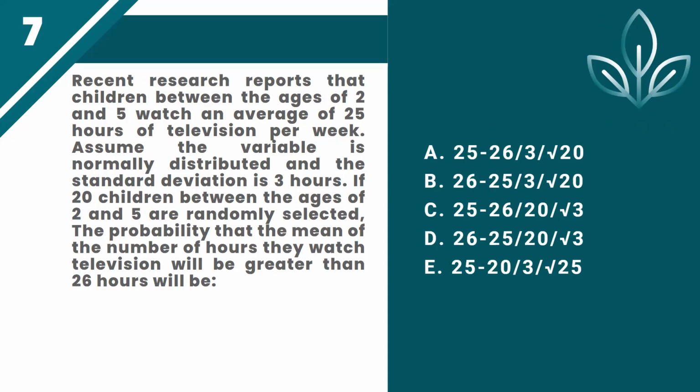If 20 children between the ages of 2 and 5 are randomly selected, the probability that the mean number of hours they watch television will be greater than 26 hours will be: A, 25 minus 26 divided by 3 divided by root of 20; B, 26 minus 25 divided by 3 divided by root of 20; C, 25 minus 26 divided by 20 divided by root of 3; D, 26 minus 25 divided by 20 divided by root of 3; and E, 25 minus 20 divided by 3 divided by root of 25.